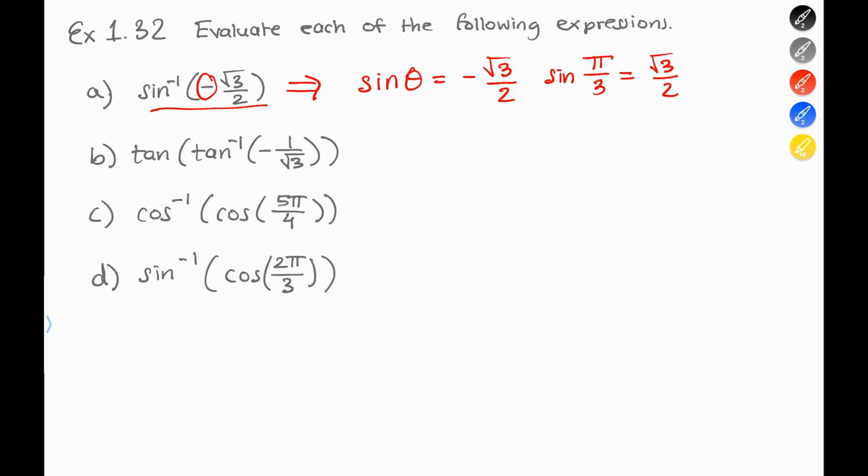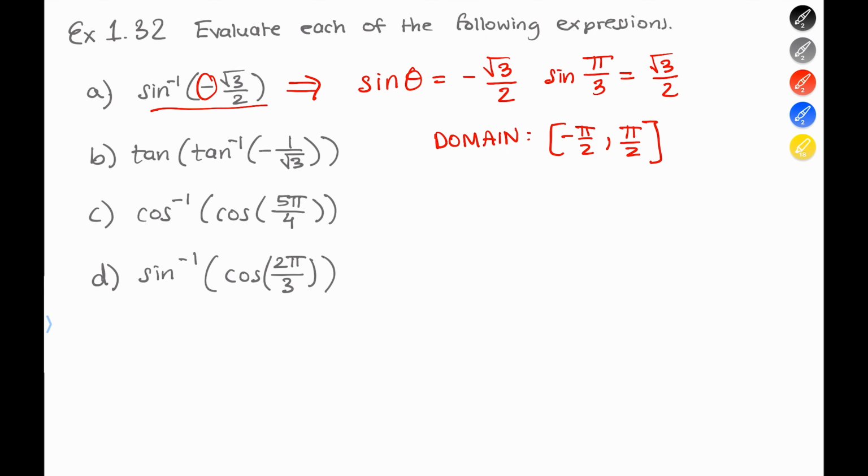But we also have to keep in mind that our domain for sine goes from negative pi over 2 all the way to pi over 2, and it includes both.